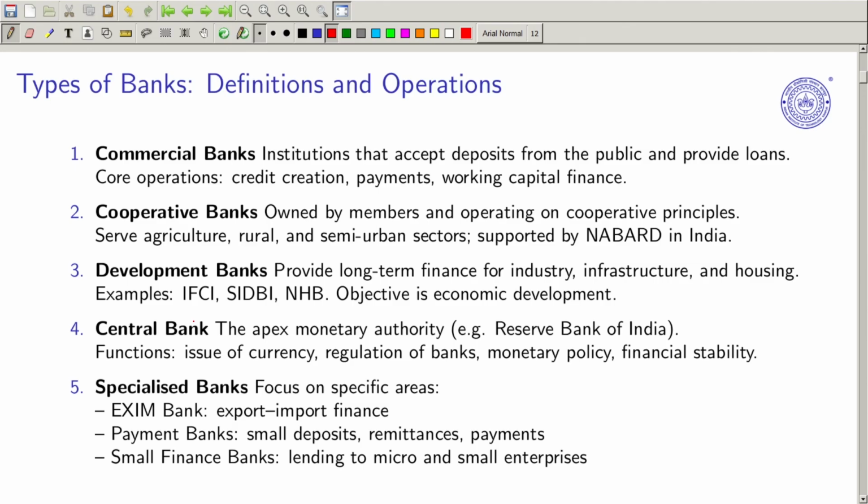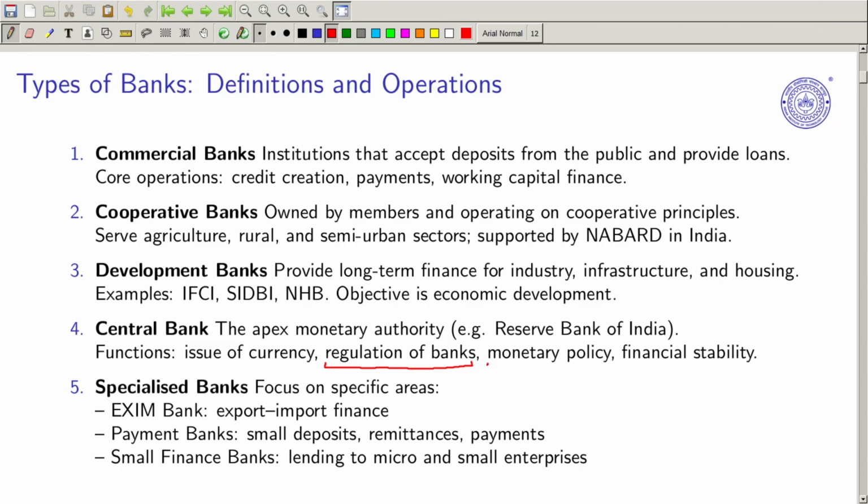Then we have the central bank in India. Reserve Bank of India is the apex authority, and the main job is to maintain the money supply in the economy, create enough money supply or resources in the economy. Regulation of banks is also one of the important aspects of the banking sector, and they always monitor the services of the banking, whether it is complying with norms or not.